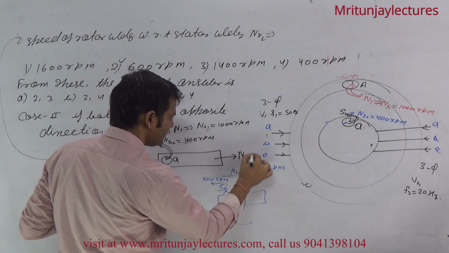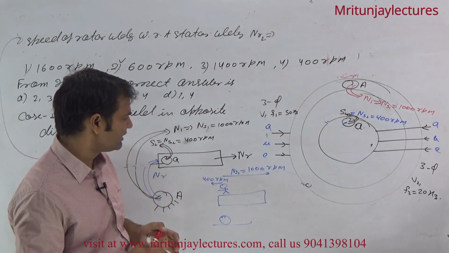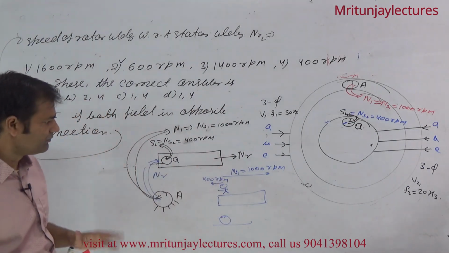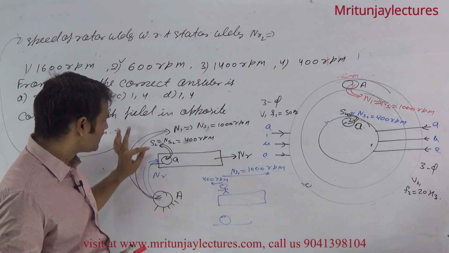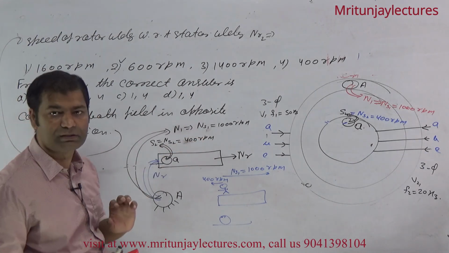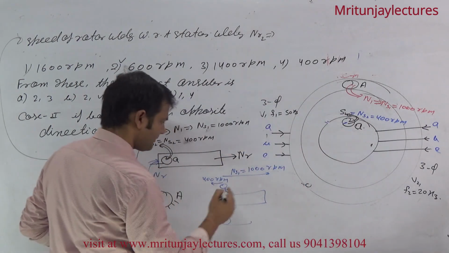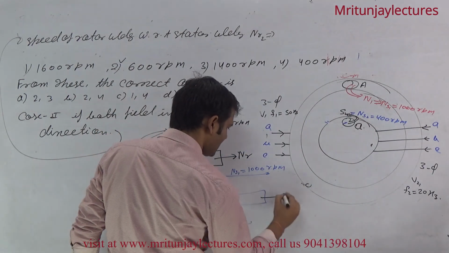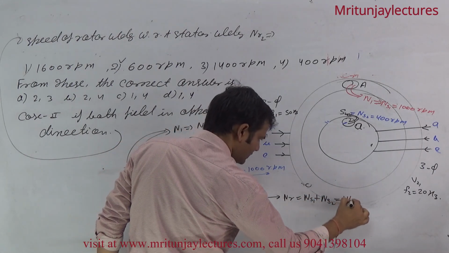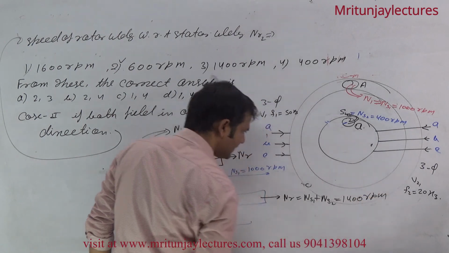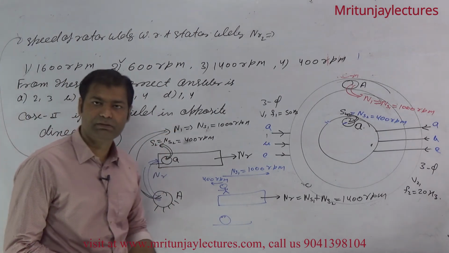So it is clear the train rotates in the direction of the stator field. First of all, it is clear. The rotor rotates in the direction of the stator field. If the rotor winding rotates at this speed plus this speed, that is NS1 plus NS2, meaning 1400 rpm in the direction of the stator field, then it catches up this speed.